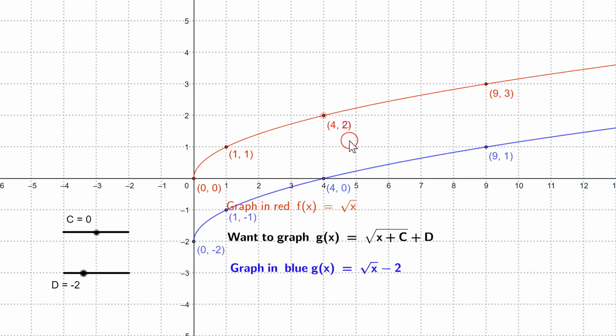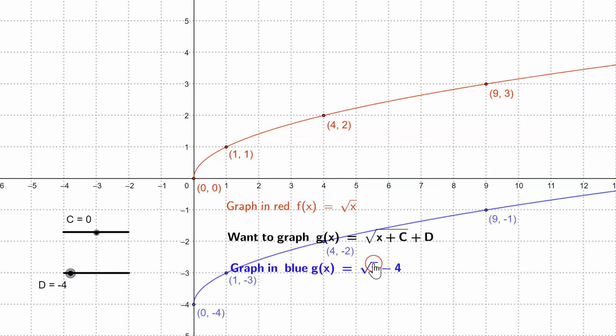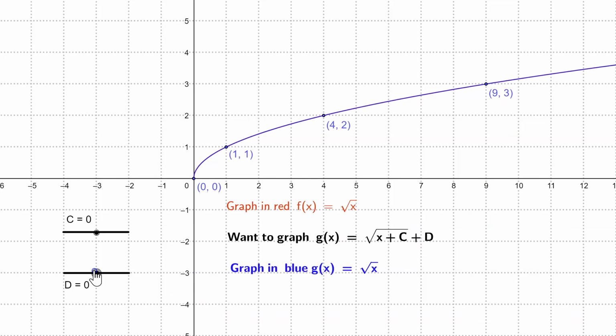The y values, you just subtract 2 from them. And if I make d even smaller, let's have square root of x minus 4, it shifted every point on the graph down 4 units. So that's what happens when I add and subtract numbers outside the function.